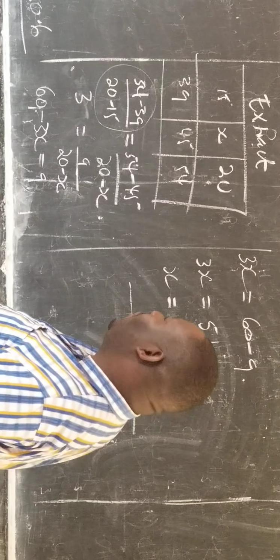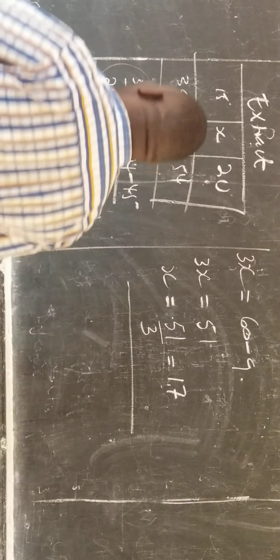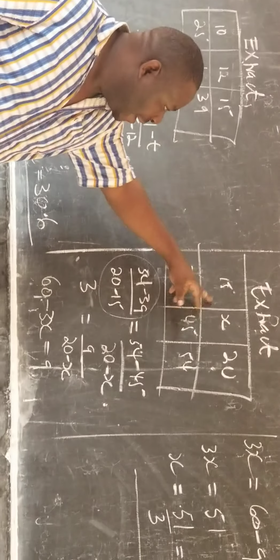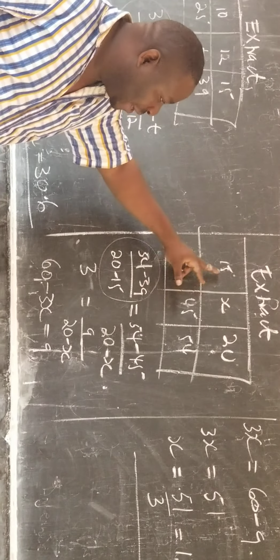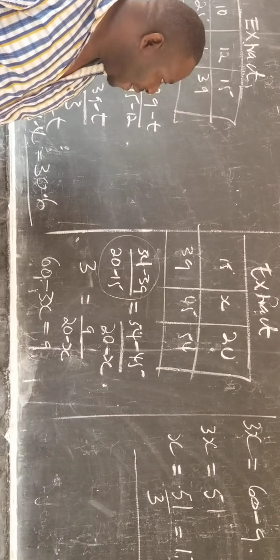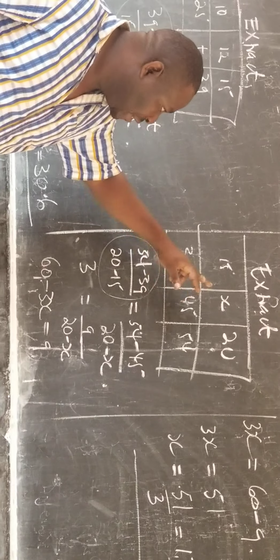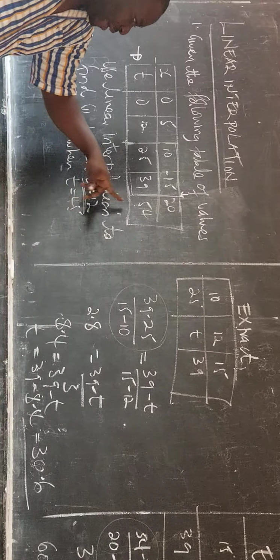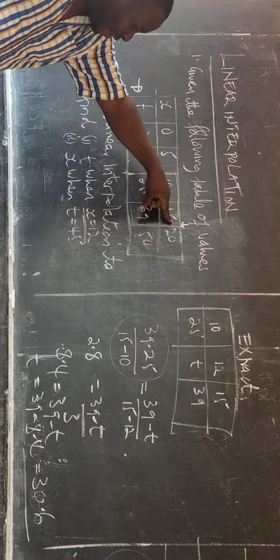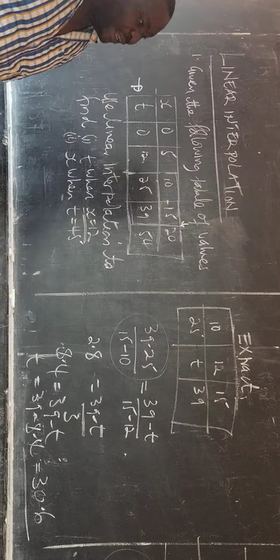So meaning that when you look at the set of values, the value of x which corresponds exactly to 17 lies between 15 and 20. So when the value of t is 45, as you can see the extract 45 here, we can approximate the value of x which lies within that interval.